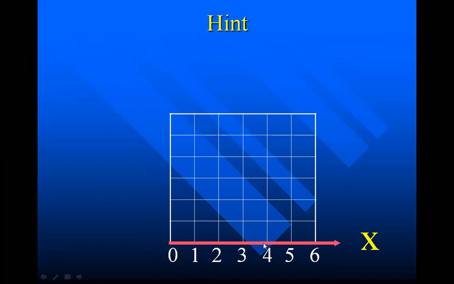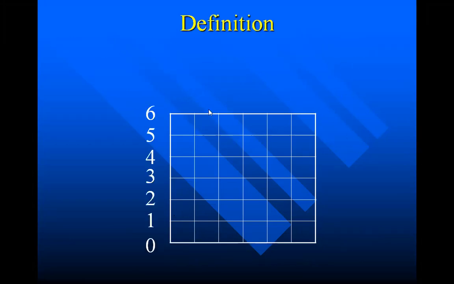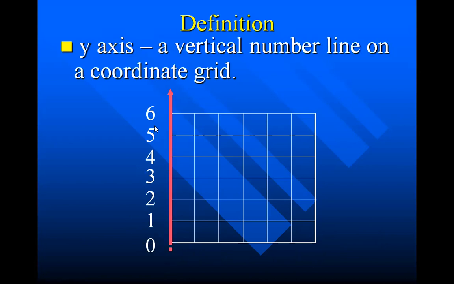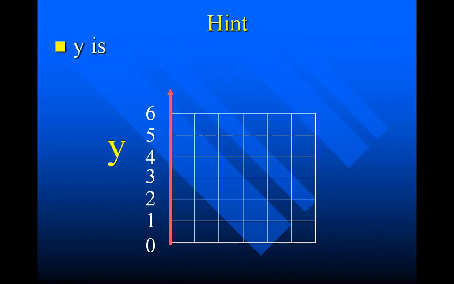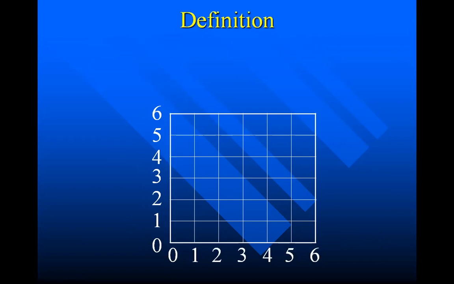And the y-axis like this is a vertical line. So we have the x-axis and y-axis. Any question? Anybody have a question?